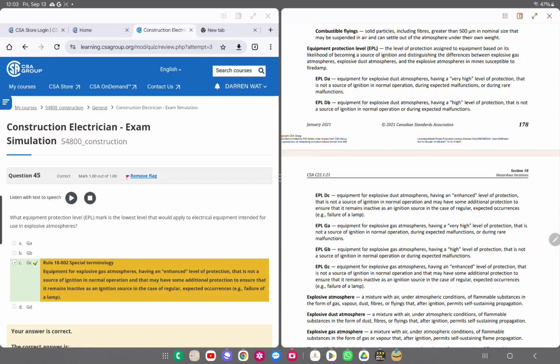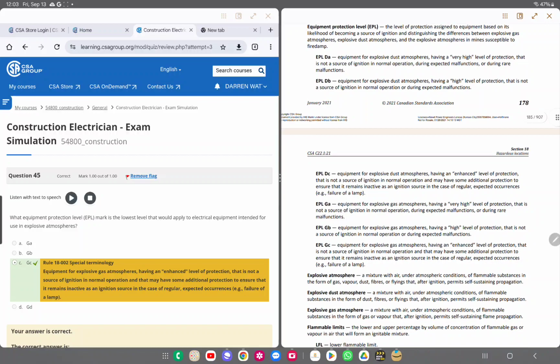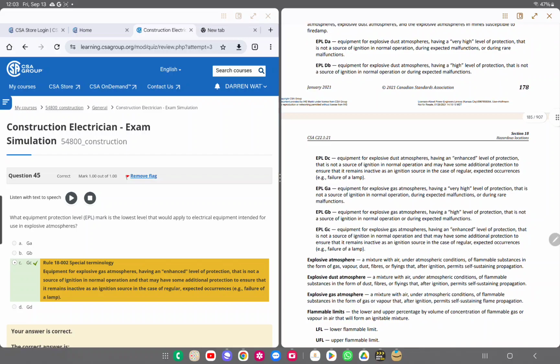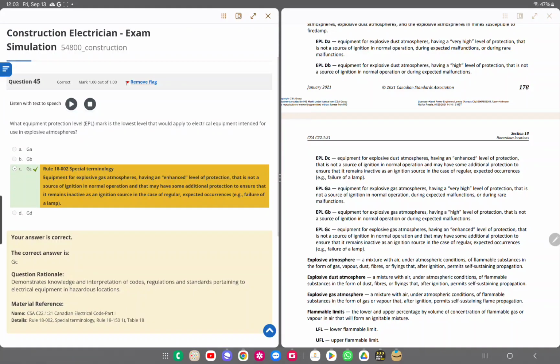I guess it would be lower than high and very high, I would assume. Then the explosive atmosphere definition here: a mixture with air under atmospheric conditions of flammable substance in the form of gas or vapor. So I took a shot and I was able to get it right. GC, Rule 18-002, special terminology.